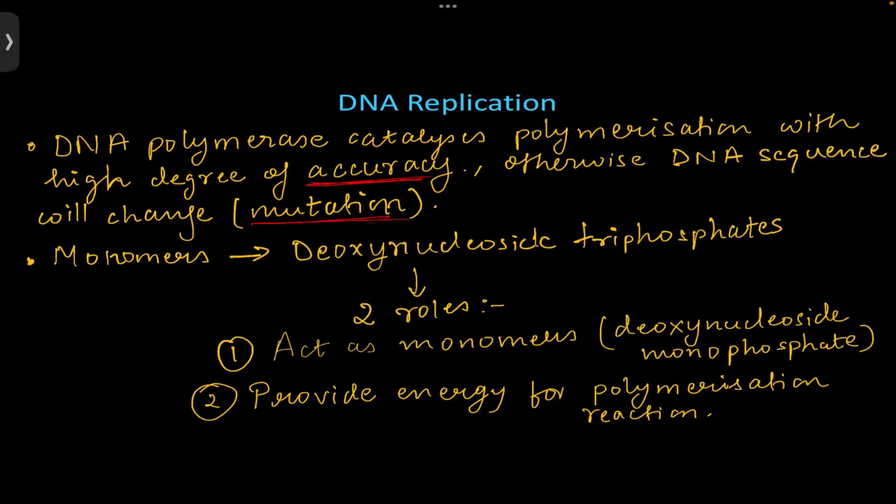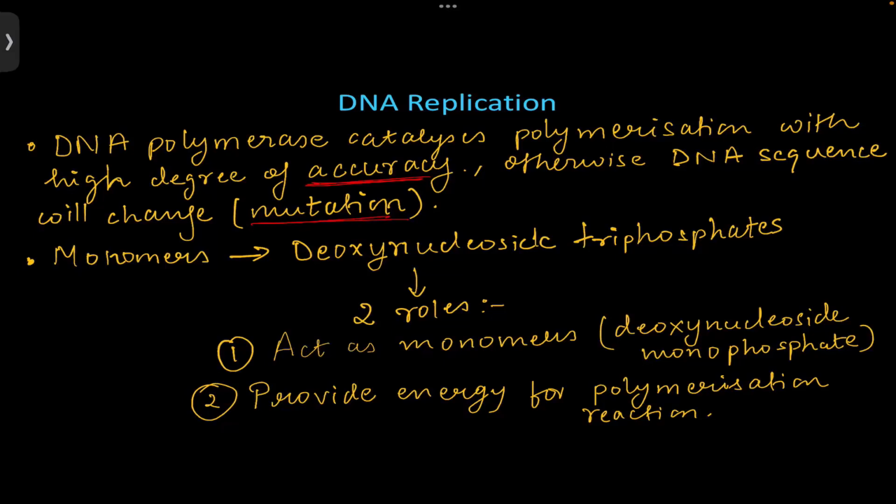If a plant is supposed to have green leaves, say, because of this mutation it starts to have yellow leaves. So what I'm trying to say is that the polymerase enzyme has to make sure there is no mutation, meaning it should accurately copy the DNA sequence in the template into the newly synthesized DNA strand.